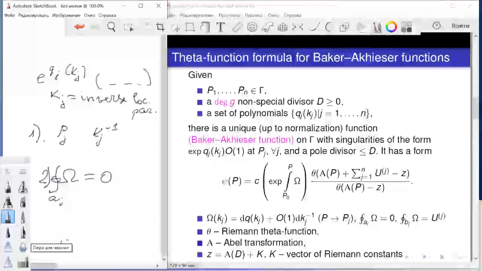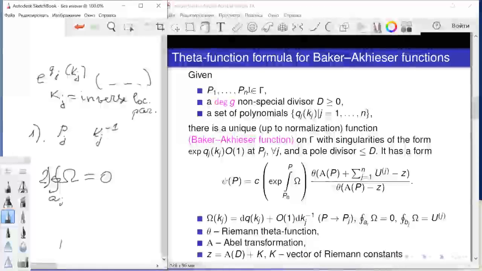May I ask a question? Yes, please. I missed a point, about N and G. G is the genus of gamma. And is N connected to something, or is it just N? N is the number of exponential singularities.